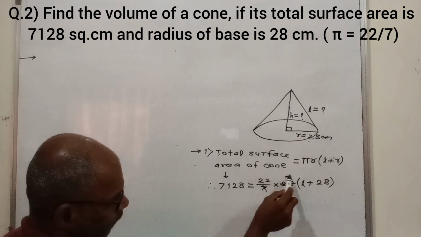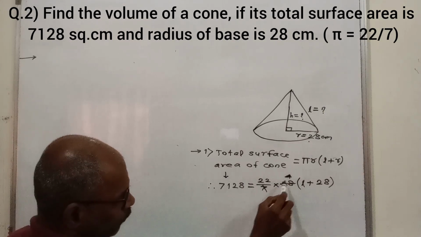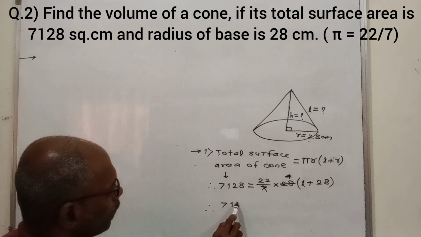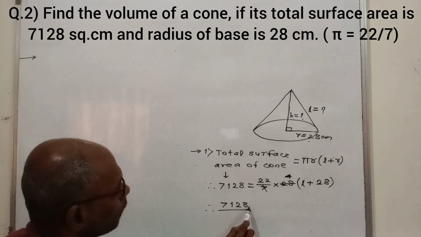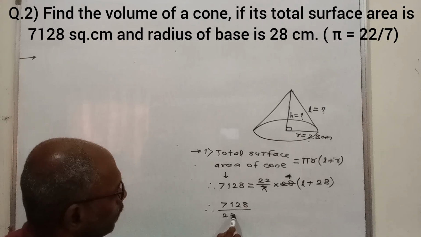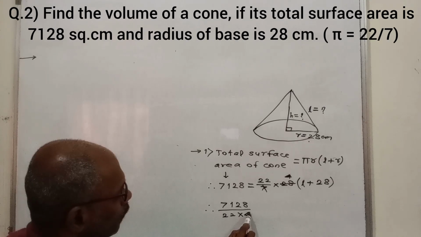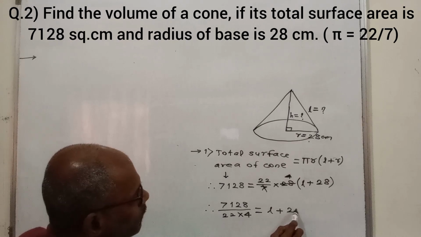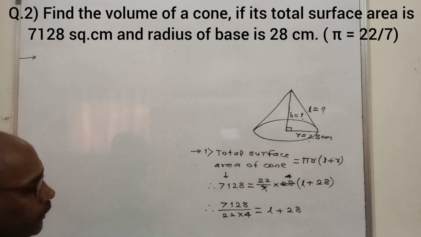Okay, now we take these two to the left side. Therefore, 7128 upon 22 into 4 is equal to l plus 28.